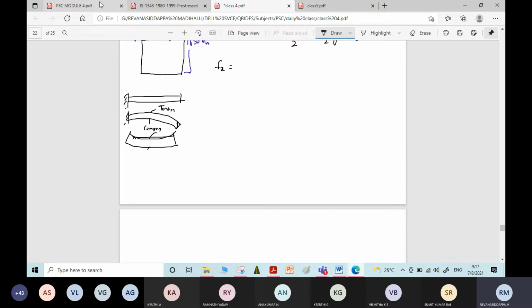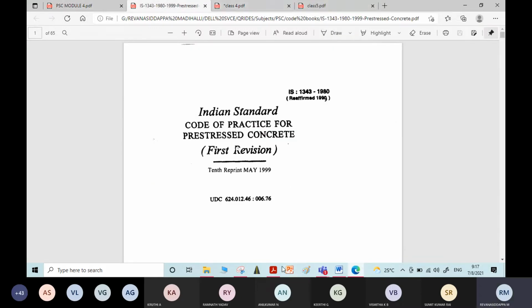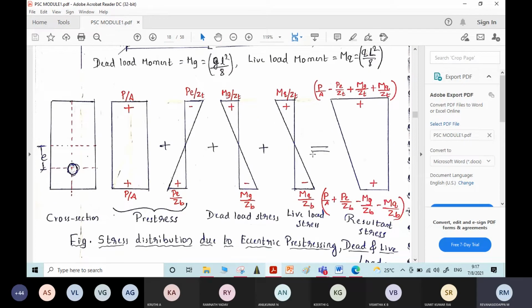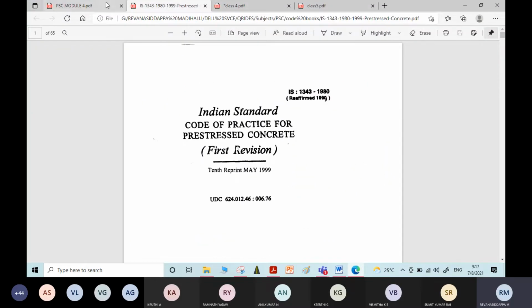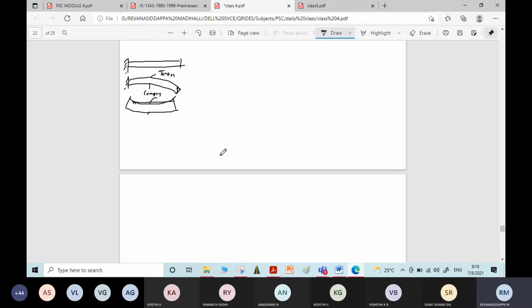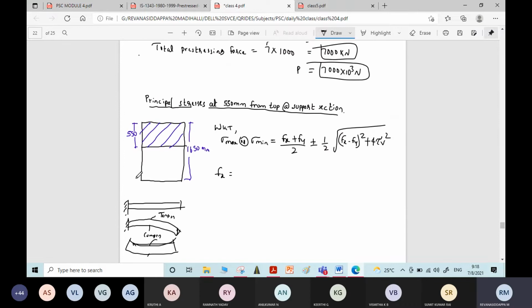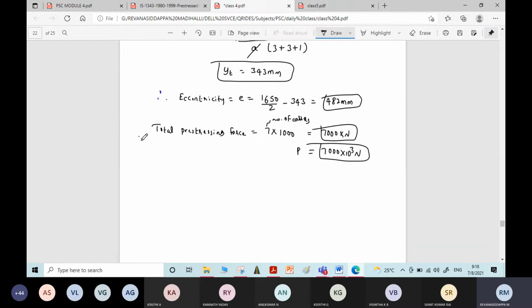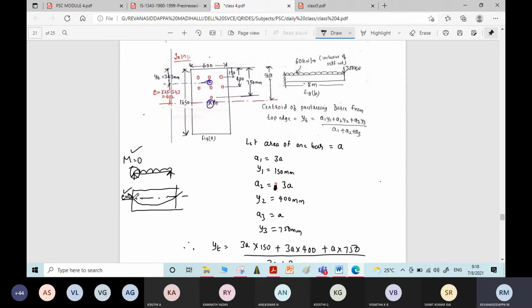Whatever formula is given in module 1 is with respect to a simply supported beam. Top compression is considered, bottom tension is considered, and the respective formulas are formulated. Now to formulate the equation for fx here, we need to take both the moment at the support as well as the eccentricity at the support.